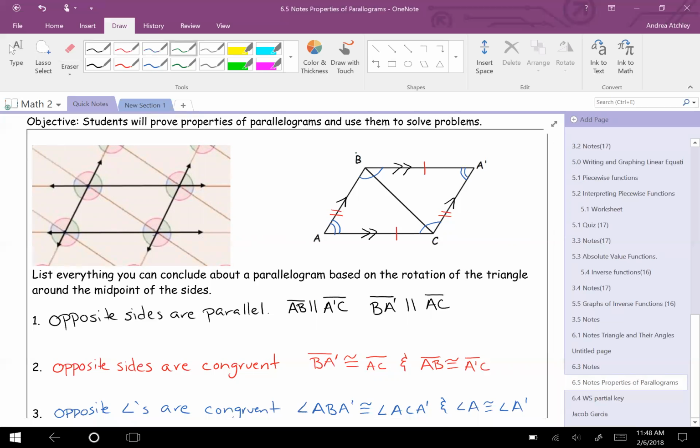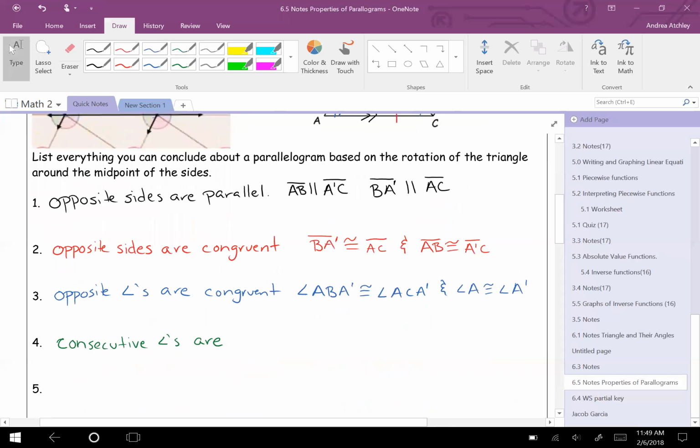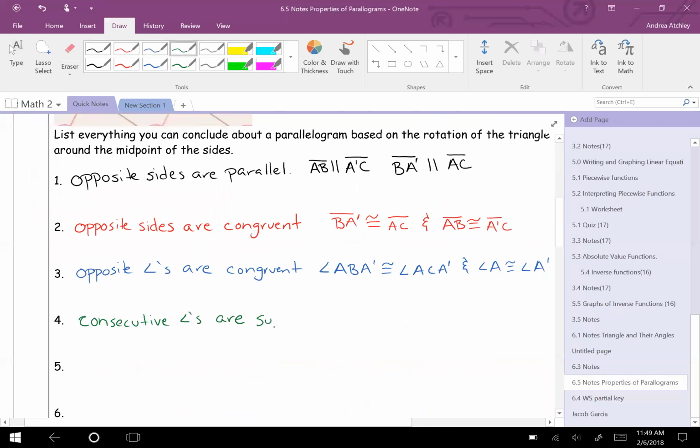They're not congruent, obviously, right? One's an acute angle, one's an obtuse angle, so they can't be congruent. They add to 180. They're supplementary. Okay, consecutive angles are supplementary.